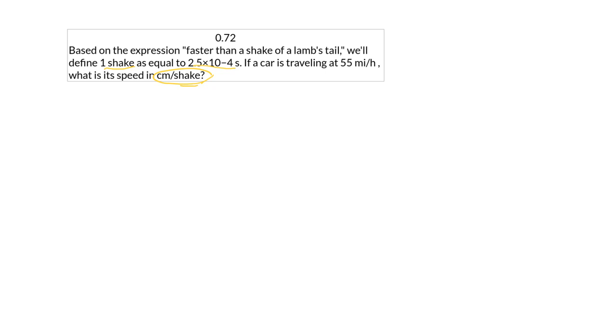Therefore, if we look at our starting values, we're given a starting value that relates distance to time as well. So we're going to use that as our starting value. Now, if we were to write 55 miles per hour out as a relationship, we'd write it 55 miles equals 1 hour.